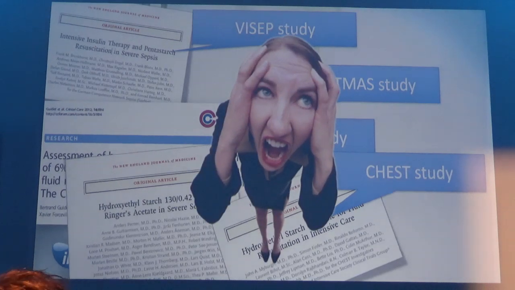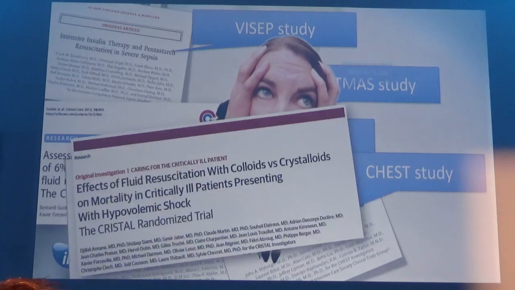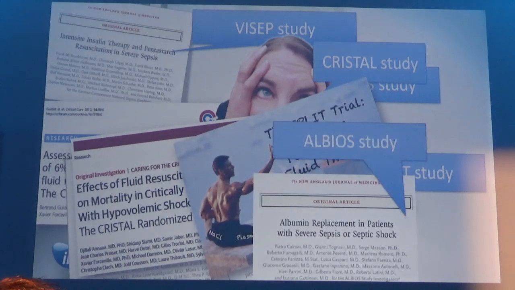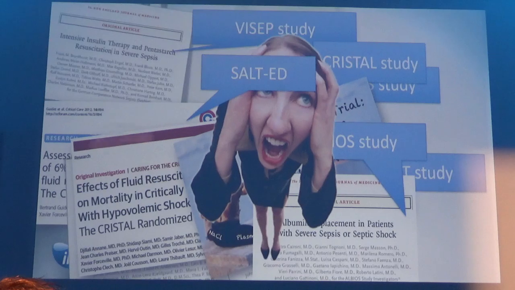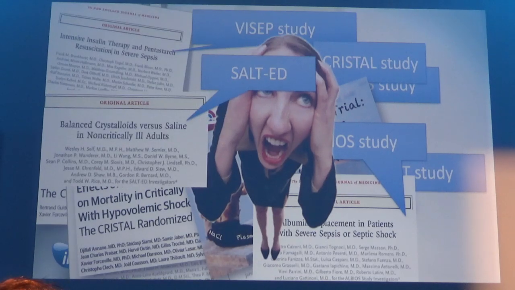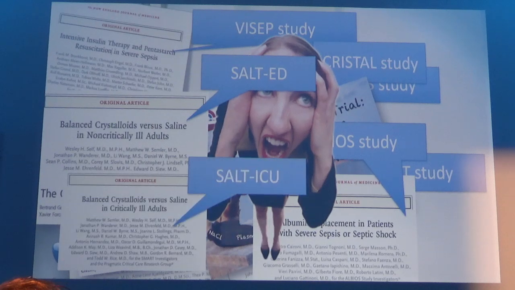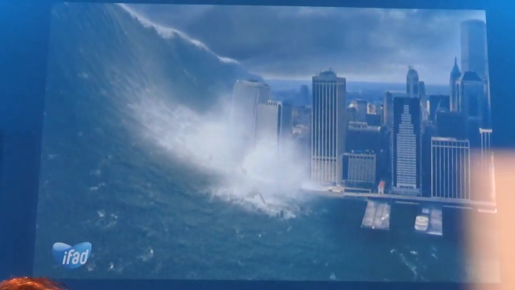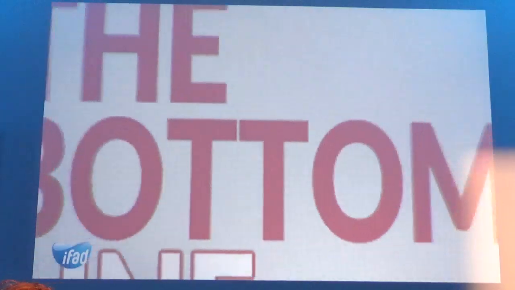These trials created a lot of confusion, and people were not sure any longer whether to use colloids or crystalloids, or whether it was the balancing in the SPLIT trial, and then albumin in the ALBIOS trial, and now recently we had the SALT-ED, and the SMART study looking at balanced solutions. So all this created some reaction, like an earthquake or a volcano or a tsunami of reaction statements and counter-statements in the lay press, and the discussion is still going on.